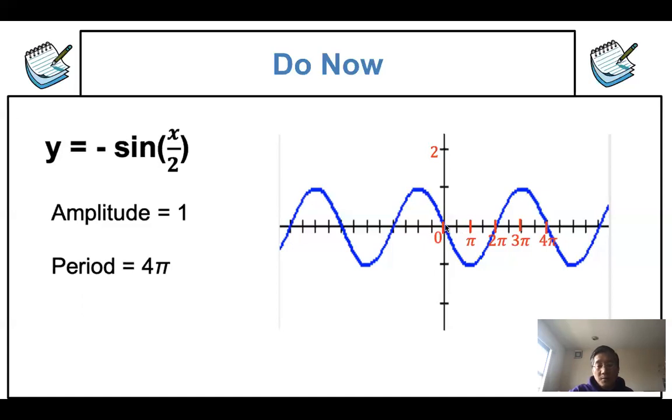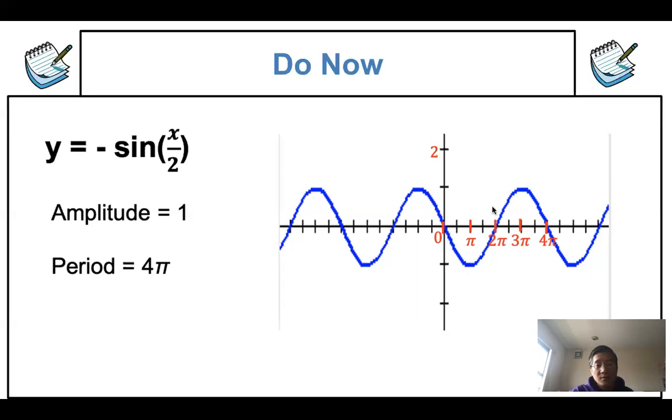But what happens? Sine starts from 0 at the origin, right? And goes up. So each interval, you go to the highest and back to the center, right? But what happened? This goes down and back.